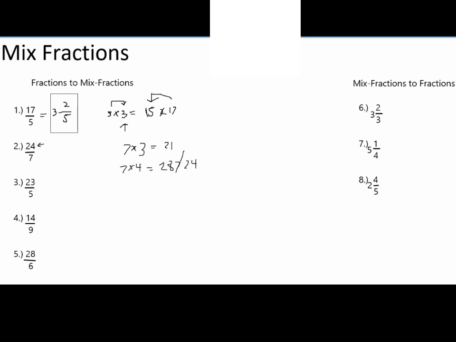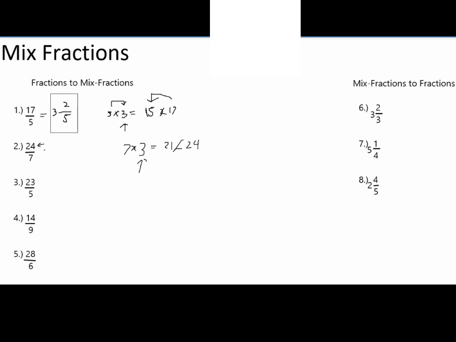So we're going to use 7 times 3, which equals 21, which is less than 24. So let me just erase this.